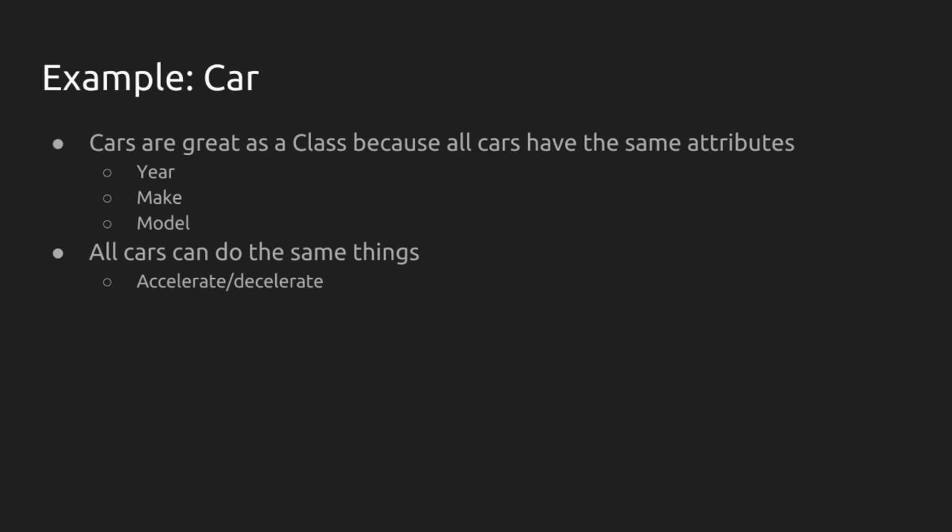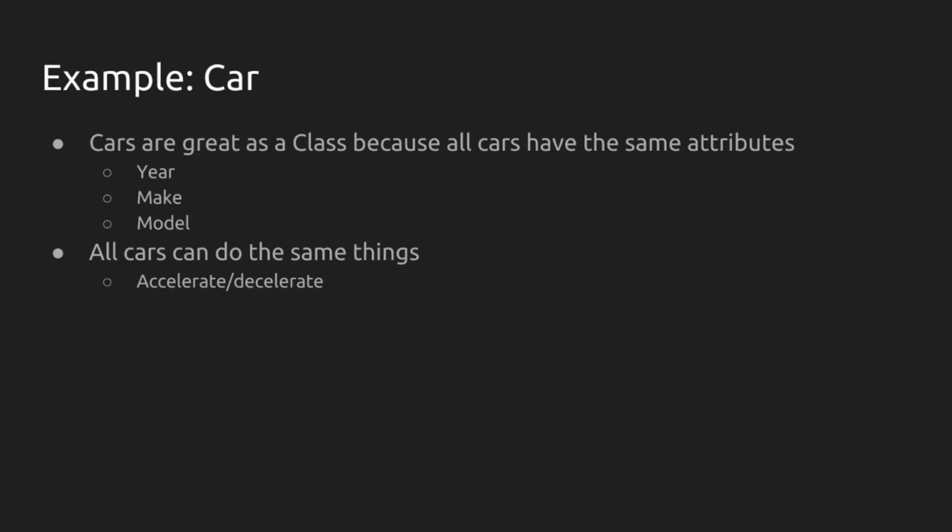They're great as a class example because all cars have the same attributes. In addition to four wheels, which we don't need to define, every car has a year that it was made, it has a make or a manufacturer, and it has a model name, right? 1997 Ford Taurus or whatever. Those are things that we can universally say about cars. So to create individual cars, we can create a class that contains that information and can produce individuals.